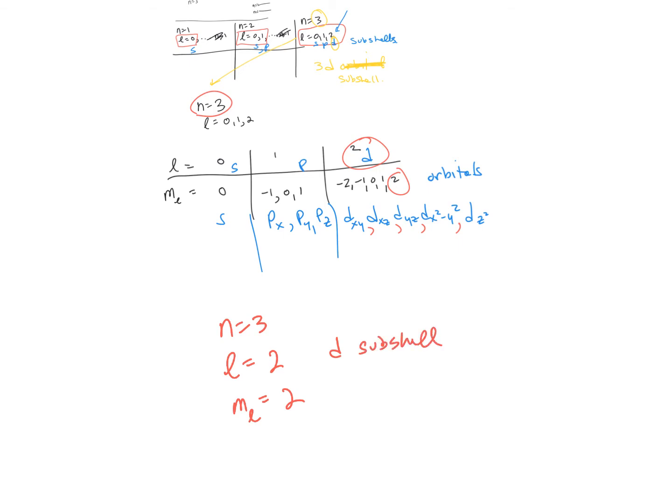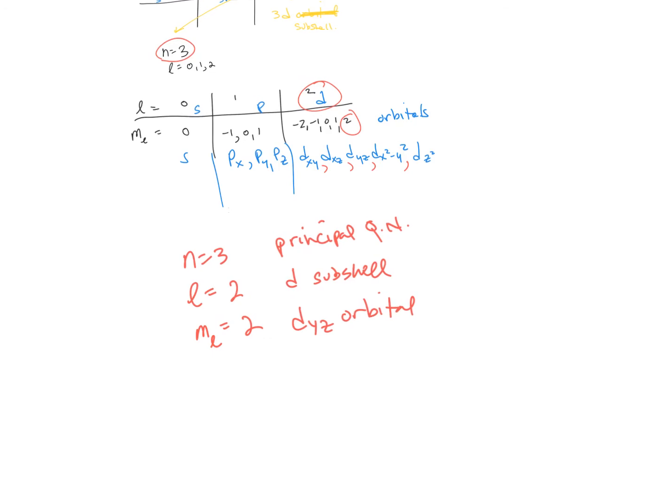And what's the name of the orbital? You can pick any one of those 5. Let's call it the dyz orbital. You can pick any one, they're all the same. So this would be the principal quantum number here. The complete name for it would be 3dyz.